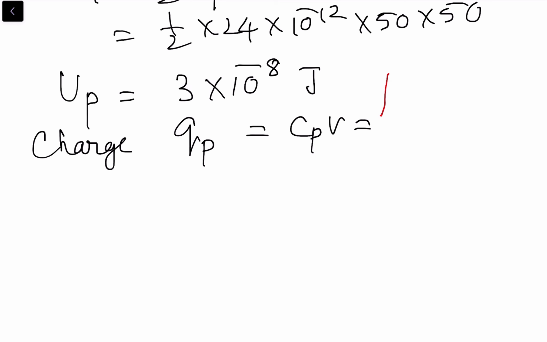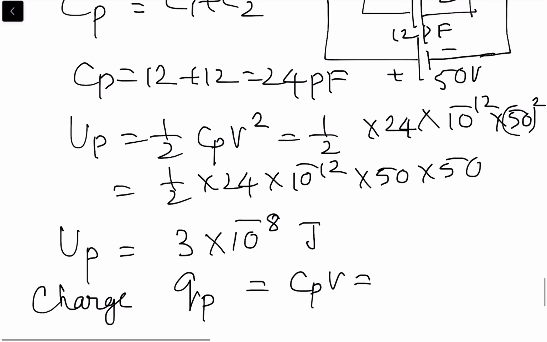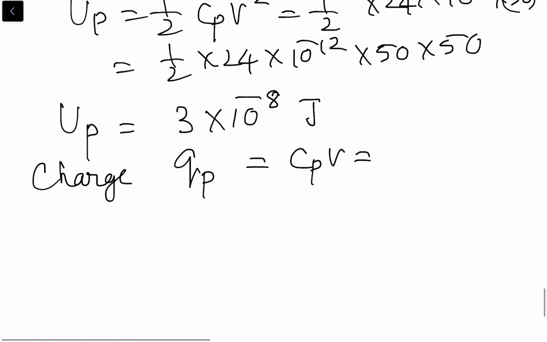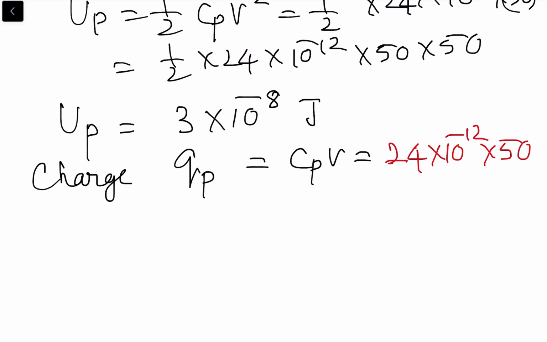Similarly, QP is equal to CPV, we will write here. We got this CP parallel combination is 24 picofarads and V is 50. Therefore, let us write 24 into 10 to the power of minus 12 into 50, that is equal to 1.2 into 10 to the power of minus 9 coulombs. This is the charge stored in the parallel combination.